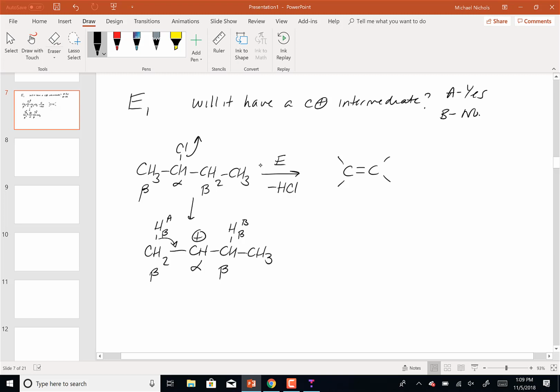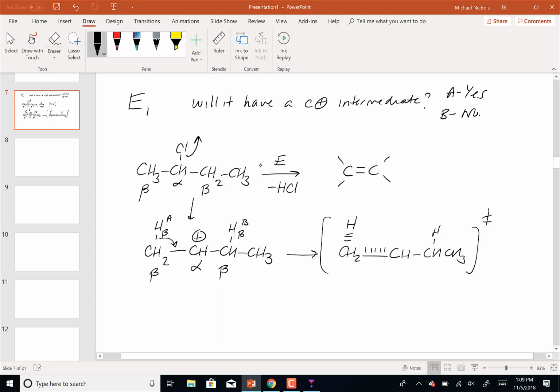So my transition state's going to look like this. I'm going to have a partial bond to the hydrogen, a partial double bond to the CH, and the other end of the molecule isn't going to be affected. So that's going to be my transition state for losing HA.